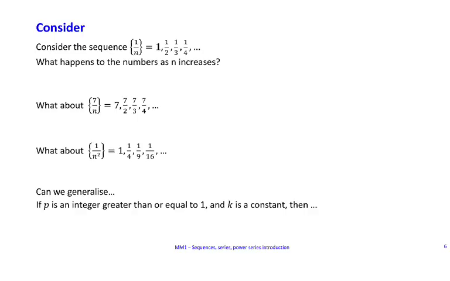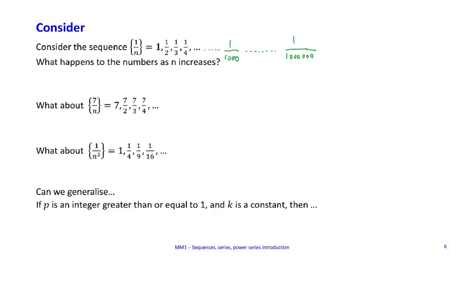Okay, so consider this sequence, 1/n, which is equal to 1, a half, 1/3, and 1/4. What happens to the numbers as n increases? So let's just pick a large number, say 1,000, or even 1,000,000. So what's actually happening as n goes to infinity?